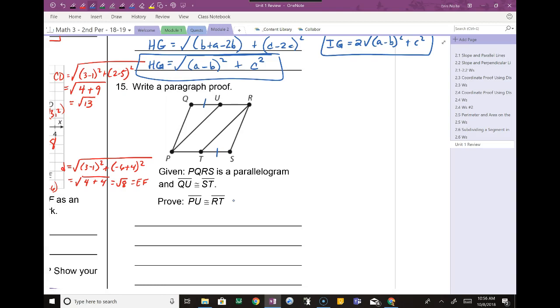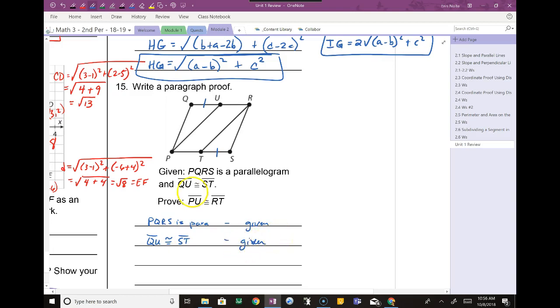So you can say PQRS is a parallelogram, and the reason is given. Okay, and you can say that QU is congruent to ST because it's given.